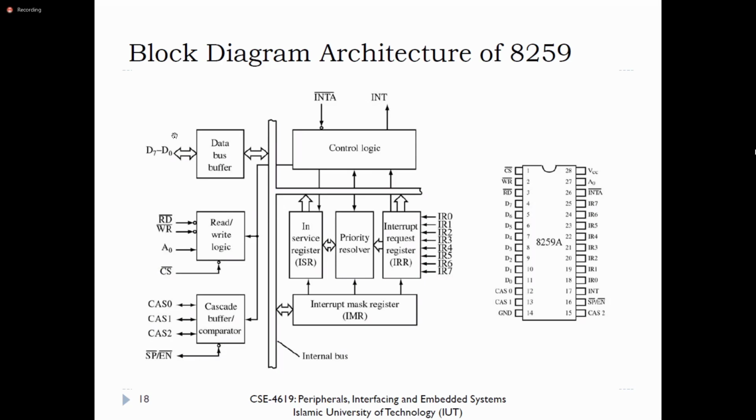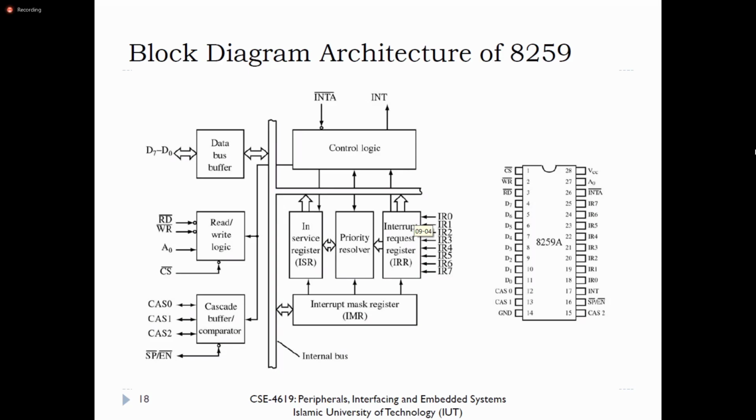The LSB 8 bits will come through D0 to D7, so these 8 bits will come through the data bus, and the 9th or the MSB bit will come through the A0 pin.